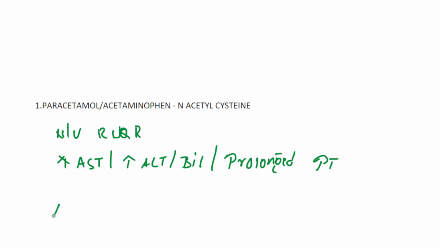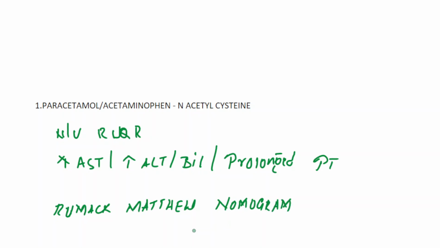That tool's name is the Rumack-Matthew nomogram. It also helps in deciding if the antidote, acetylcysteine, is required or not.